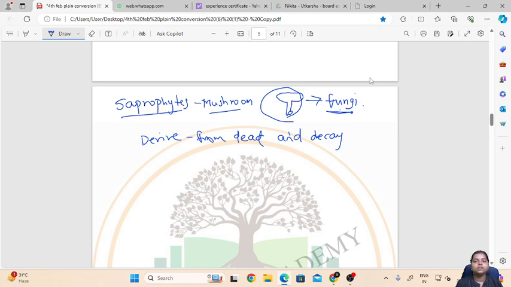You all know what decomposition is, right? The substance undergoing decomposition is called decay. They derive nutrition from dead and decaying matter, and it can be anything, not only plants.